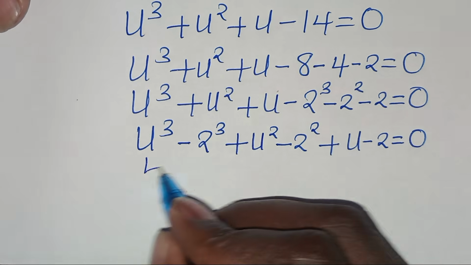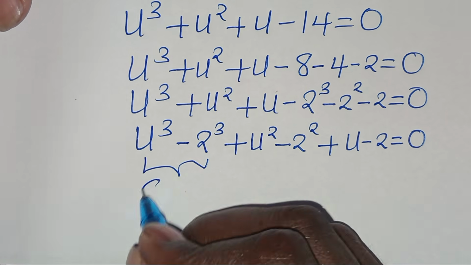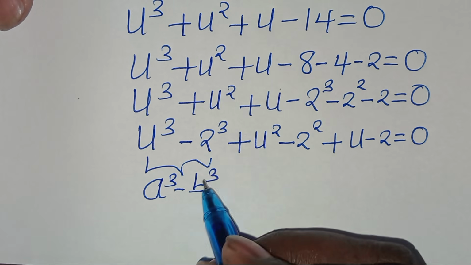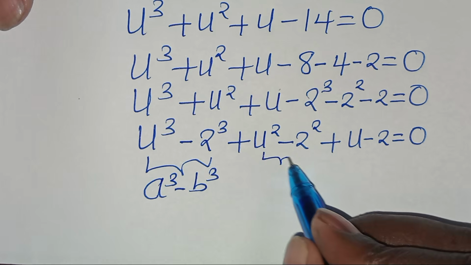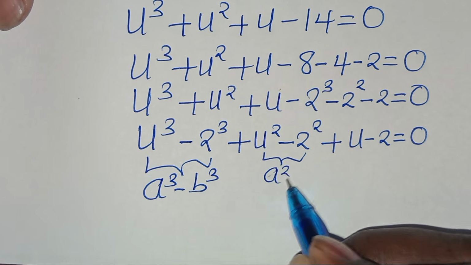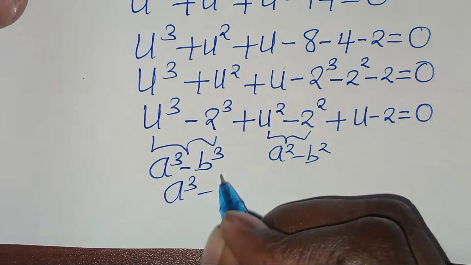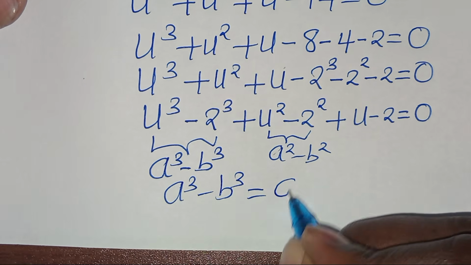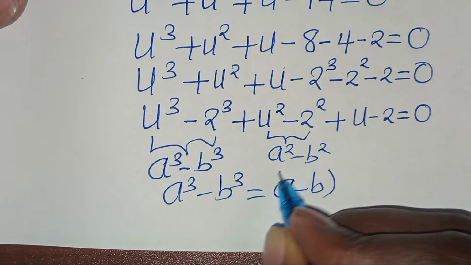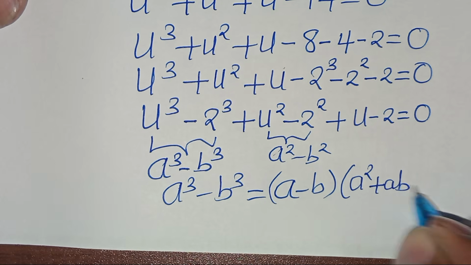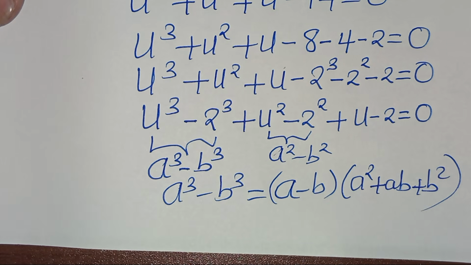Now, from this particular part here, this is the difference of two cubes, which you can express as a to the power of 3 minus b to the power of 3. This is the difference of two perfect squares. So that now a to the power of 3 minus b to the power of 3, this is the same thing as a subtract b, a to the power of 2 plus a times b, then plus b to the power of 2.